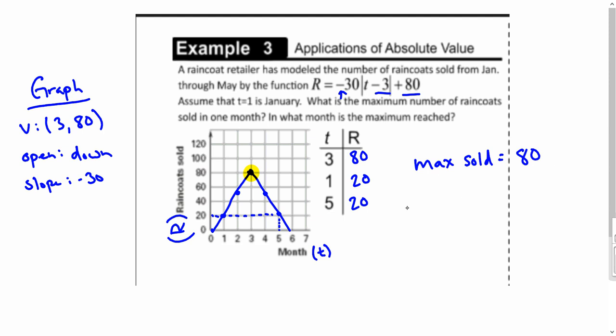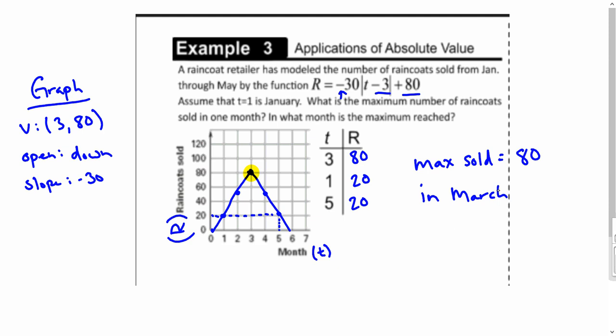The maximum sold is 80 raincoats in, and use your fingers to count the months if you need to, 1 is January, 2 is February, 3 is March. Which is kind of surprising. You would have thought it'd be April, with all the talk about April showers bring May flowers, but no. They sell the most raincoats in March.